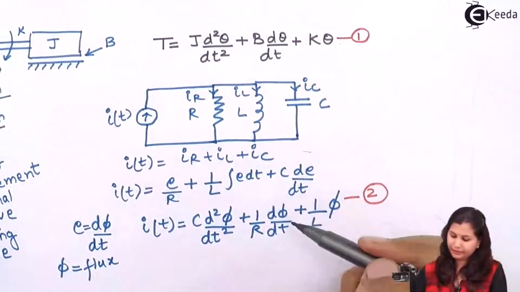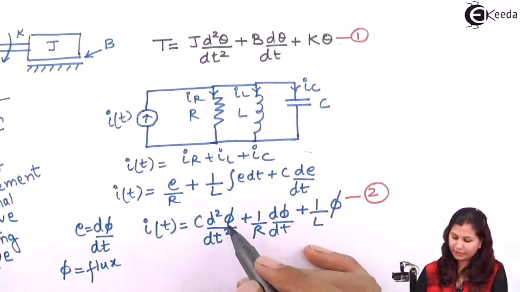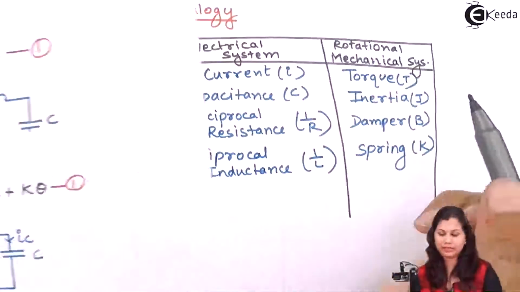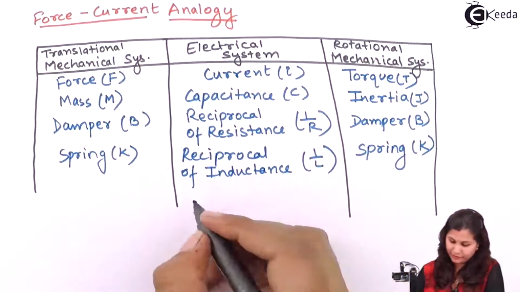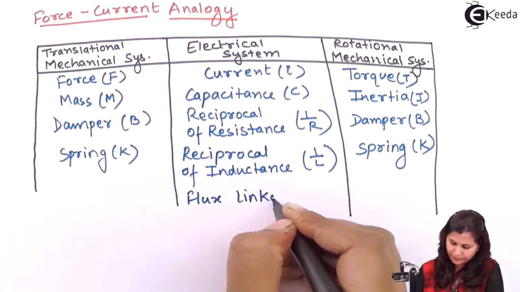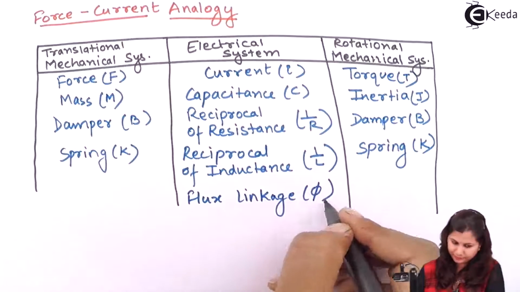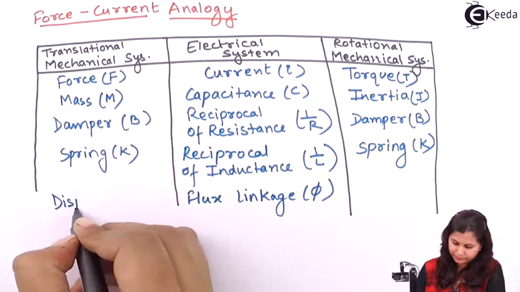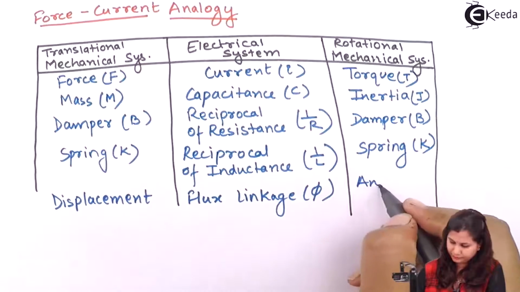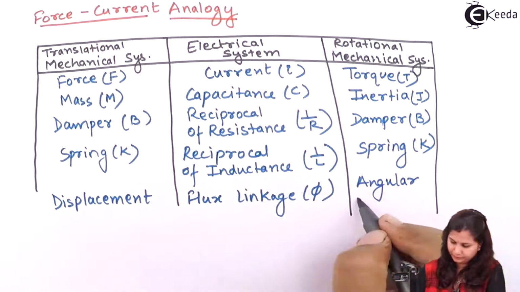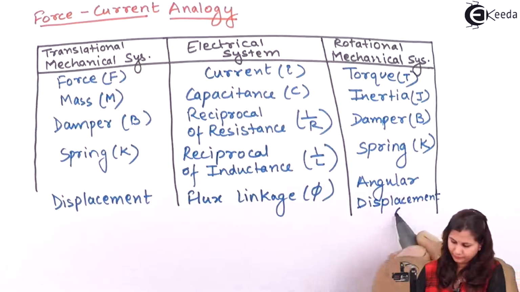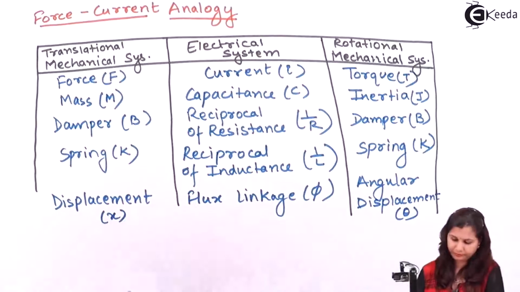So if we compare these two equations, this flux phi will be equivalent to the angular displacement, and here to the displacement.